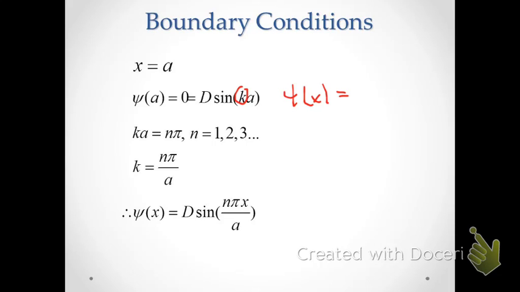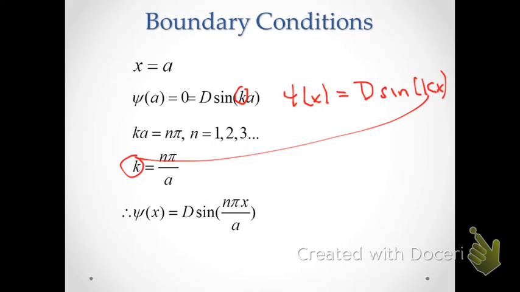Plugging the expression for k into that leads us to an overall function for psi, equal to d, an unknown coefficient at this point, times the sine of n pi x over a. So there's our wave function. And again, the requirement is that n be equal to an integer.